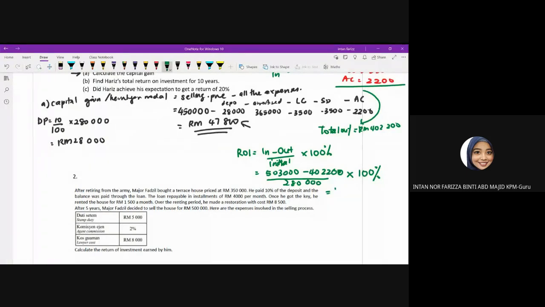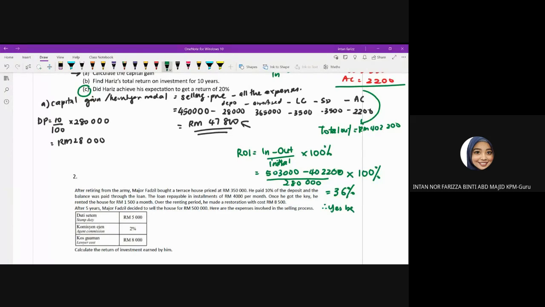So as long as you have a positive value here, that means we can say that this person is making profit. Okay, but we have to answer C. Did Haris achieve his expectation to get a return of 20%? Of course, because he received what? 36% already, which is more than his expectation, right or not? Okay, so you write what?